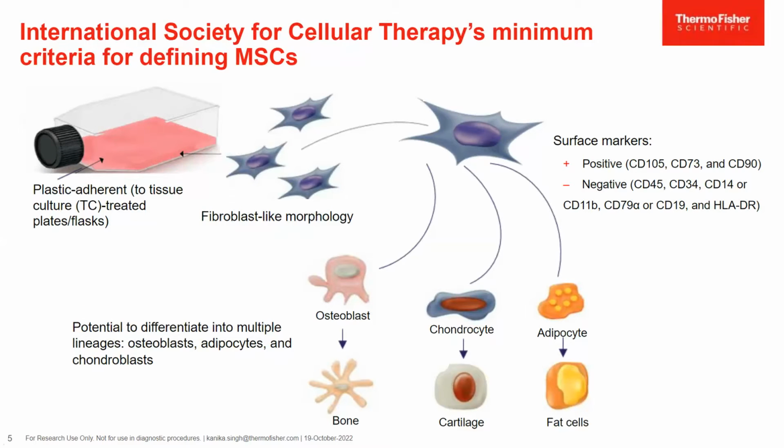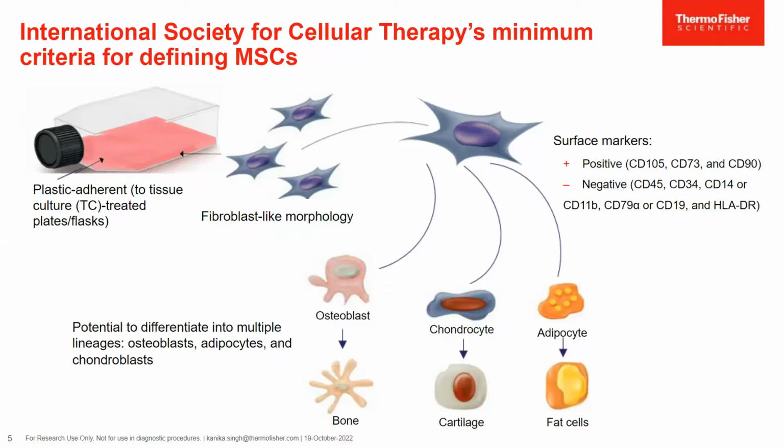As per the guidelines of the International Society for Cell and Gene Therapy, mesenchymal stromal cells or MSCs have a fibroblast-like morphology. These cells can be grown on tissue culture treated surface and are adherent in nature.